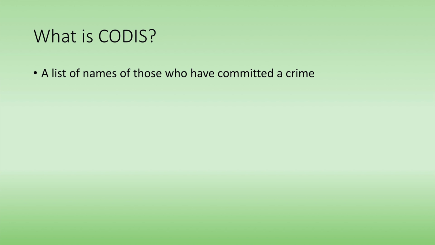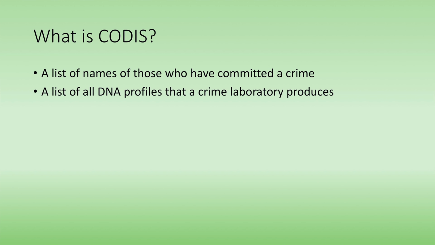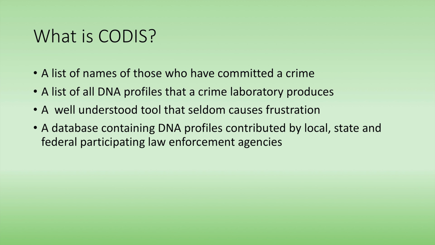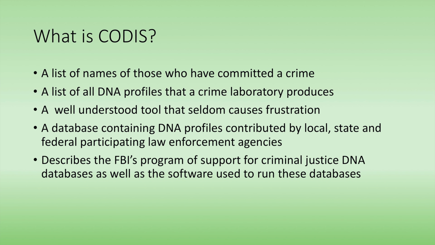The next question is, what is CODIS? Is it a list of names of those who have committed a crime? A list of all DNA profiles that a crime laboratory produces? A well-understood tool that seldom causes frustration? Is it a database containing DNA profiles contributed by local, state, federal, and participating law enforcement agencies?